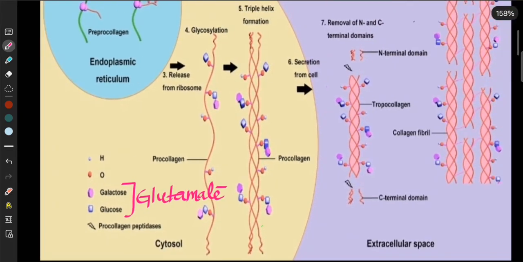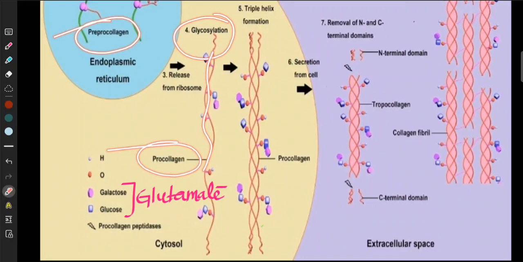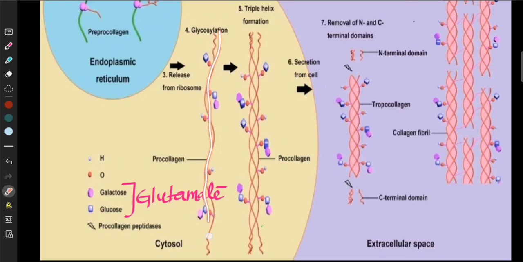After the glycosylation, this pre-procollagen will now be known as procollagen. As you can see, the name is also changing, right? And then afterwards, these procollagen will come together. That means three procollagen will come together and they will form a triple helical structure.